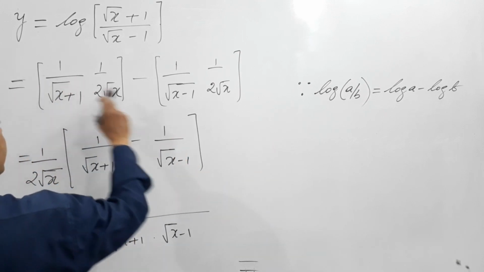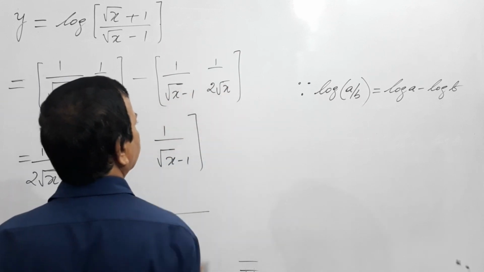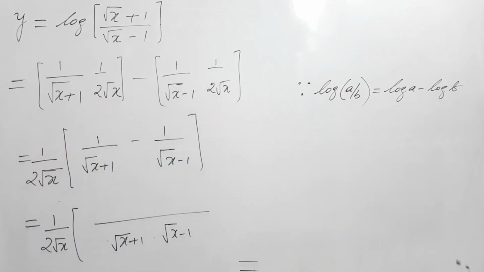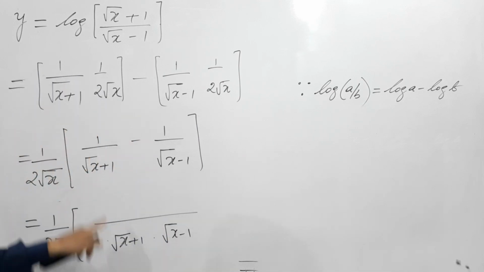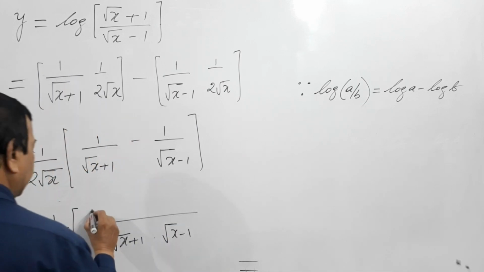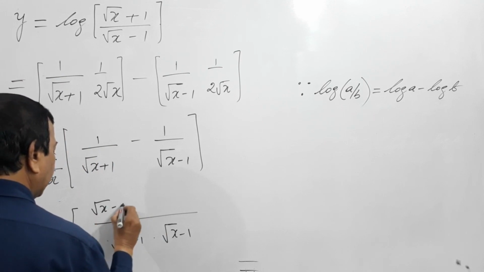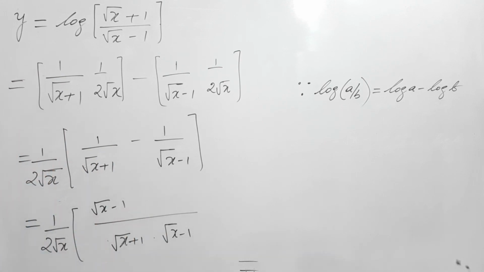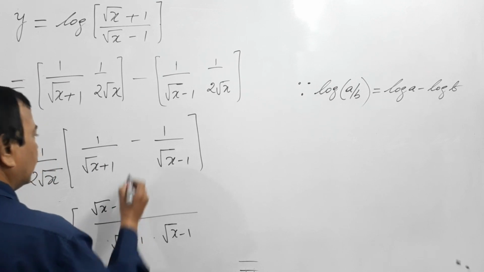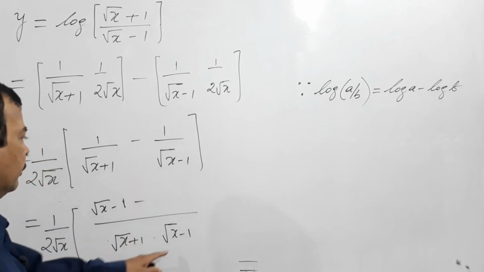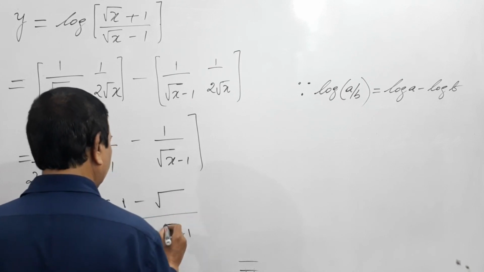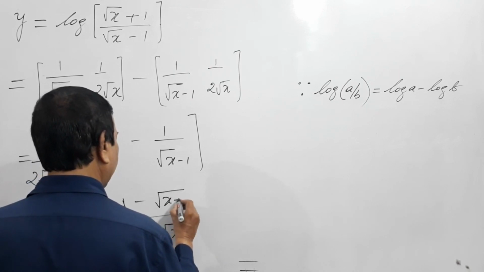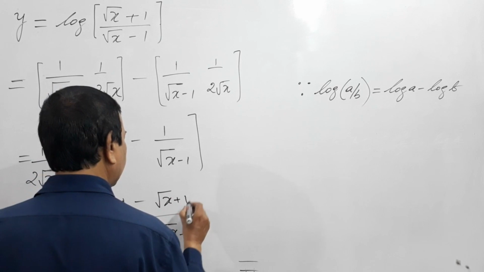Just correct this everywhere. Now, we are left with root x minus 1 minus root x plus 1 in the numerator.